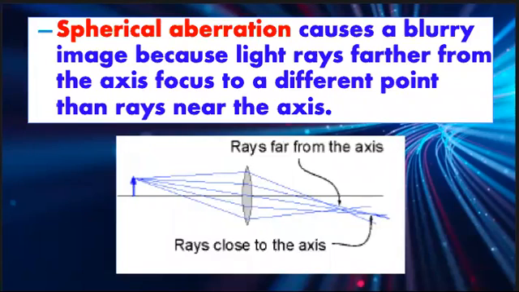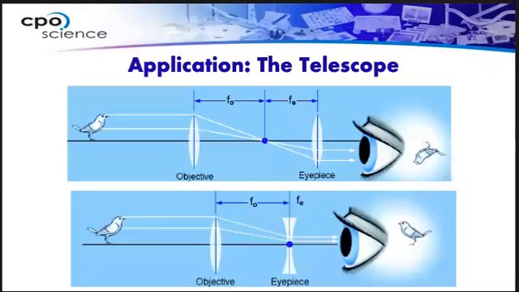Now, let's go over the applications of the lenses. One of which is the telescope. What do you see in the telescope? You have the objective lens and the eyepiece.